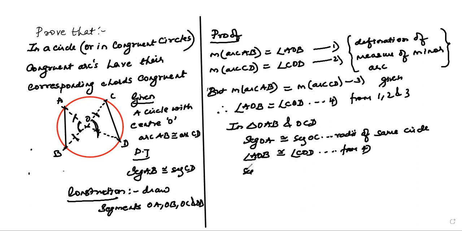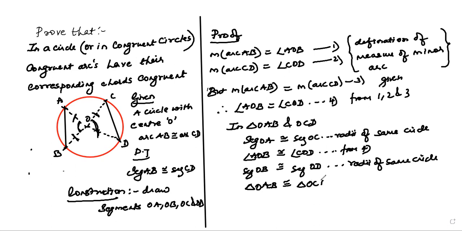Then segment OB congruent segment OD. What's the reason, children? Radii of the same circle. Okay, children. Therefore, triangle OAB congruent triangle OCD by SAS test of congruence.